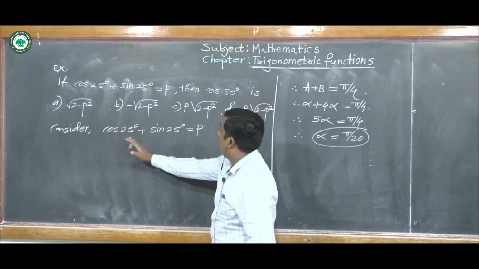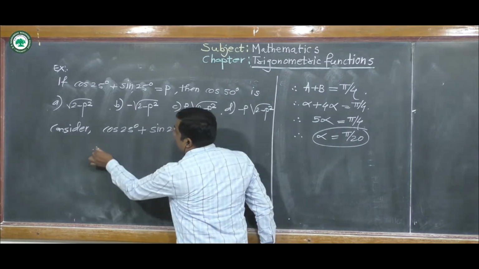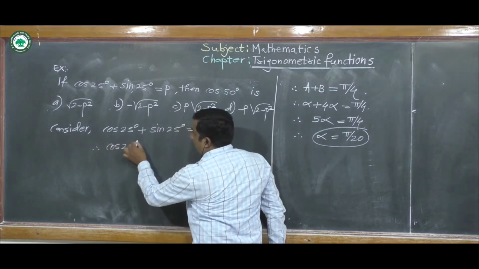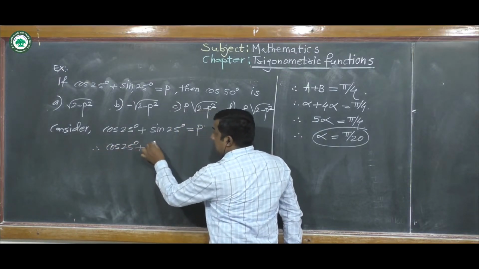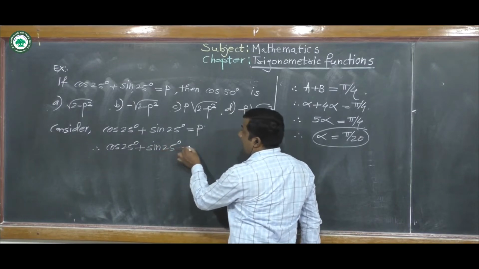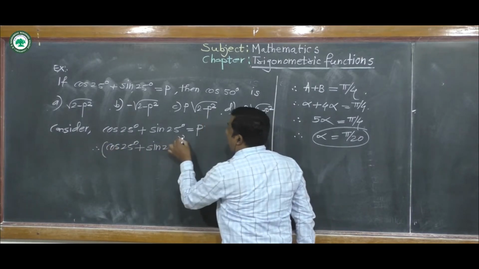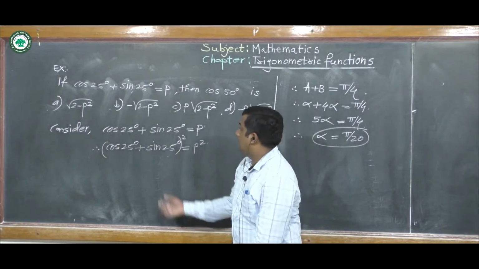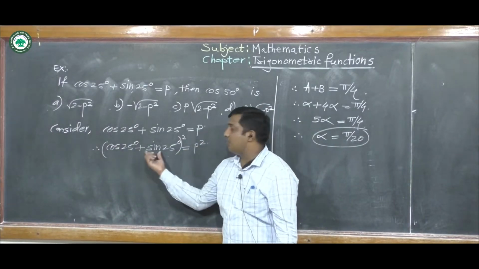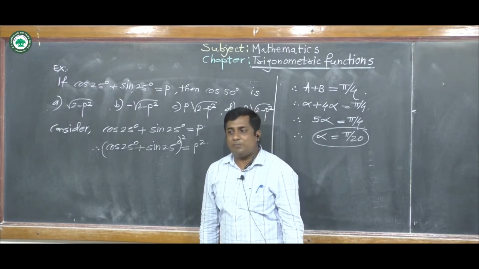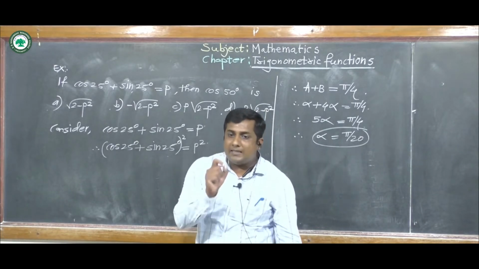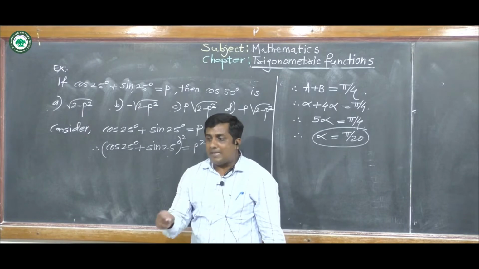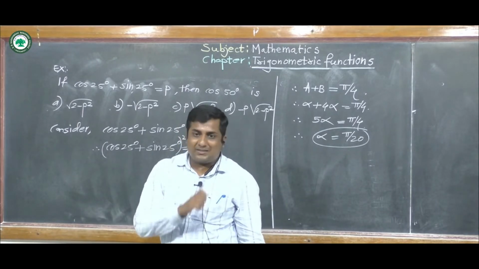Squaring on both sides, we get (cos of 25 degree plus sine of 25 degree) whole square is equal to p square. We know this is of the form (a plus b) whole square, which is a square plus twice ab plus b square.